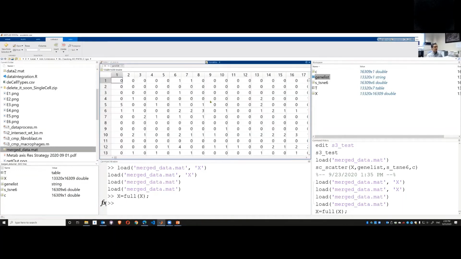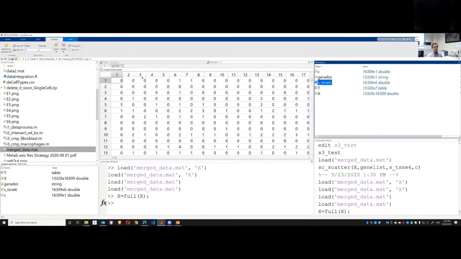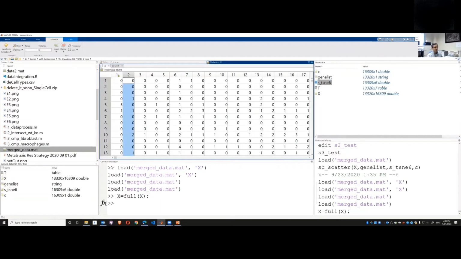So the problem is, how can you view this huge matrix? I will mention later, you have a dimension reduction tool. So see cell 1 and 2: the column indicates the cell, and the row indicates the gene expression of those genes in this cell.